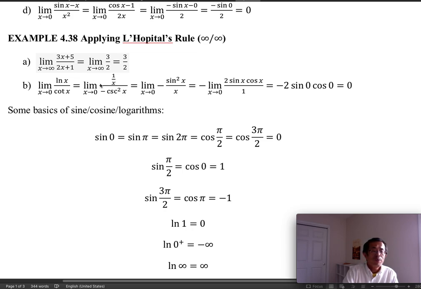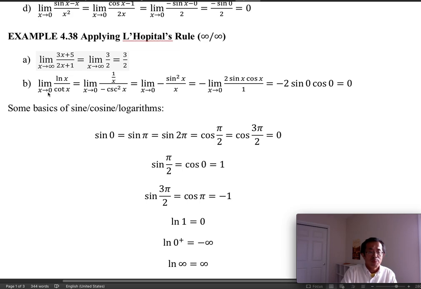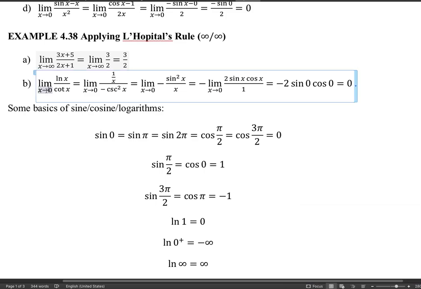So I want to keep the example as it is, and also it may help to review some derivative rules. So this time I'm seeing ln x as x approaches 0. Actually, did I type it correctly? I should have typed it more accurately.